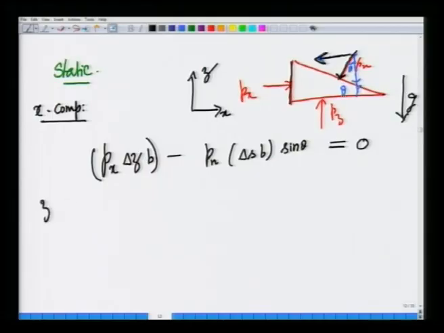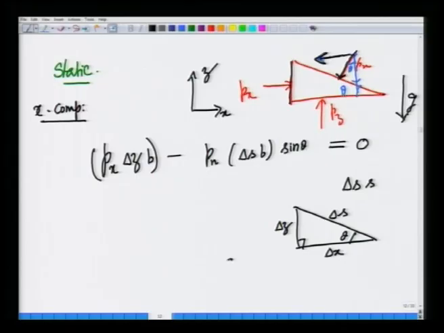Likewise for the z component, but before I do that I can simplify this further. Just from geometry: this is delta s, this is theta, this is delta z, that is delta x. Sin theta is nothing but delta z by delta s, which implies delta s sin theta is delta z.